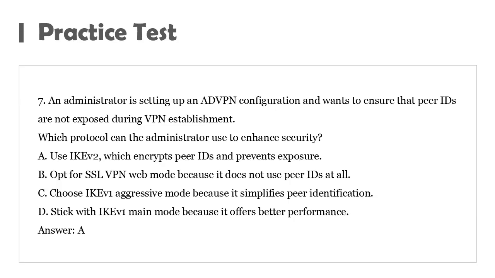B. Opt for SSL-VPN web mode because it does not use peer IDs at all. C. Choose IKEv1 aggressive mode because it simplifies peer identification. D. Stick with IKEv1 main mode because it offers better performance. Answer: A.